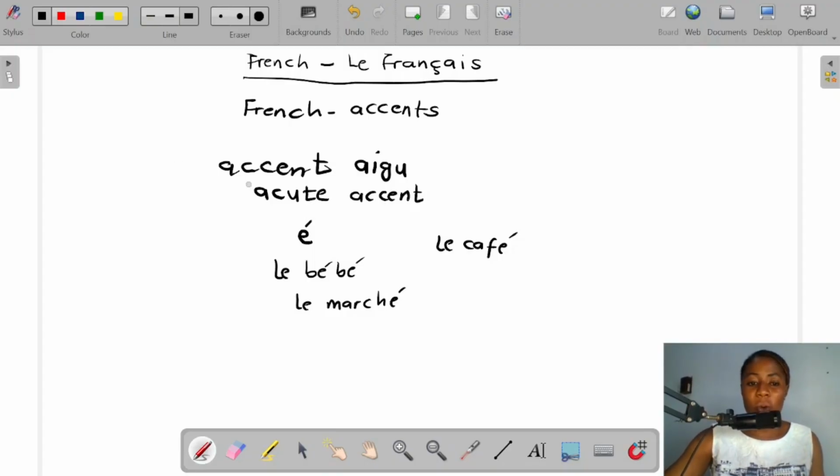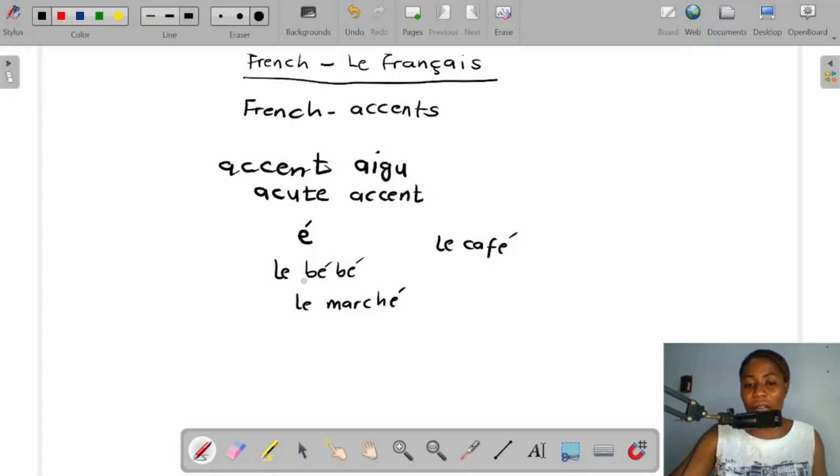Yes. So let me repeat: if you see an E with a slash on top of it, a dash which goes from the left to the right, it is called accent aigu, the acute accent. The acute accent makes the E sound é.